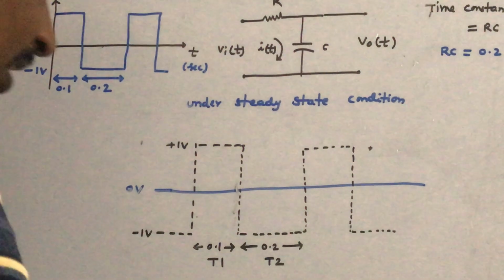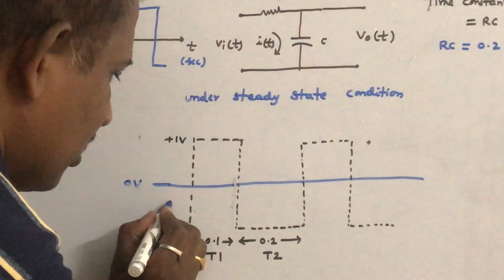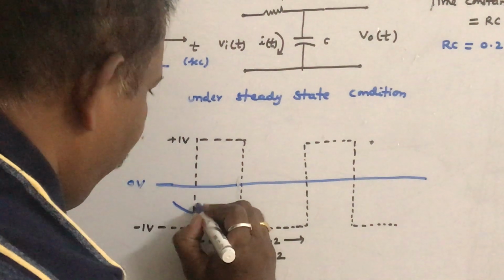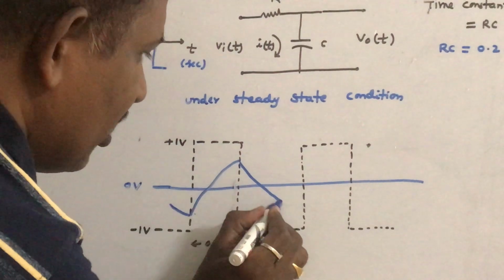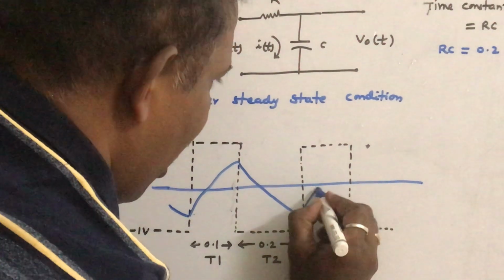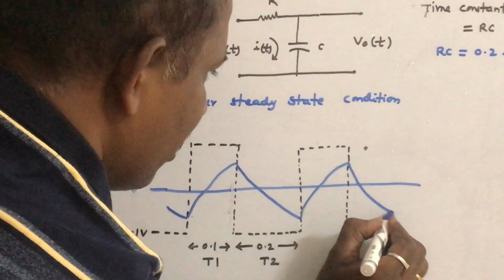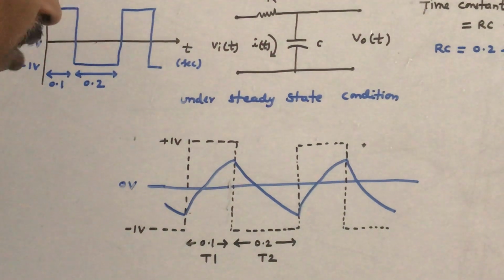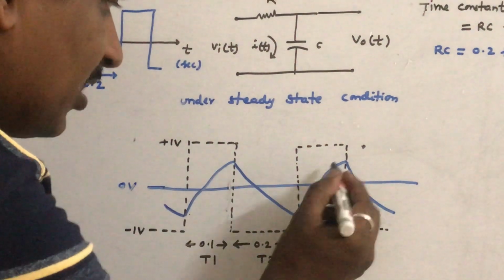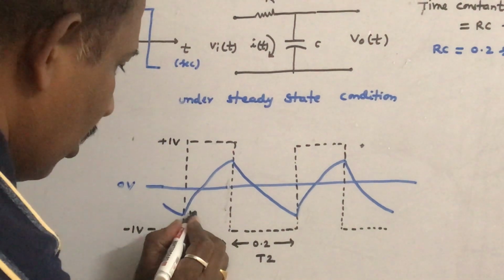You can clearly notice that the output settles down to this kind of waveform, with capacitor charging and capacitor discharging. That is why this waveform is called the steady state waveform of the output.